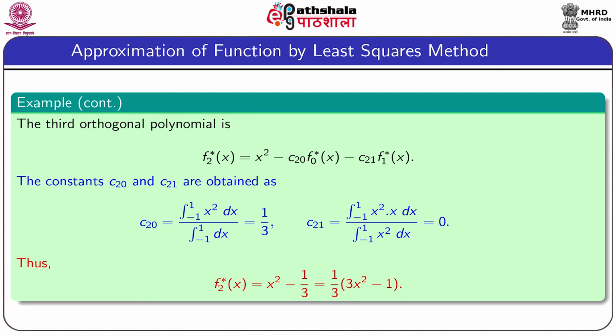It is also equal to 0 because the integrand in the numerator is an odd function. Thus, the third orthogonal polynomial f2*(x) equal to x square minus 1/3, which is equal to 1/3 into (3x square minus 1).